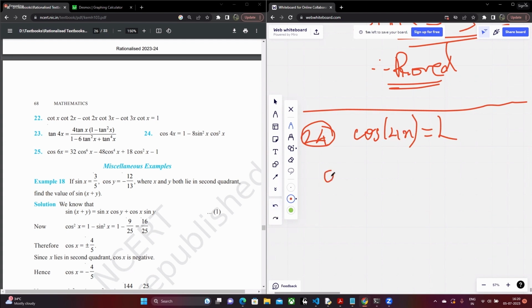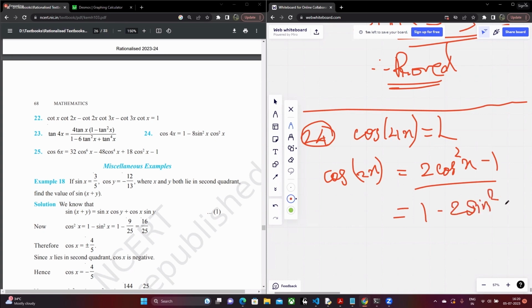Remember that cos of 2x is basically 2 cos squared x minus 1, which is also equal to 1 minus 2 sine square x. Why I have written both these forms is because you have a sine square x and a cos square x over here.